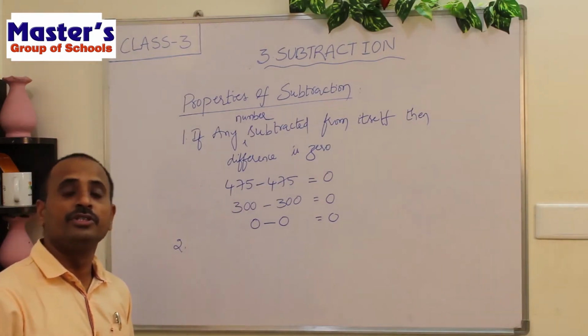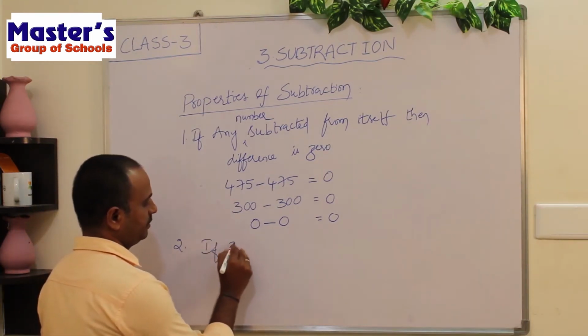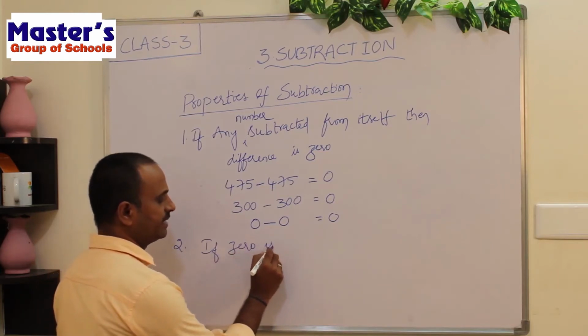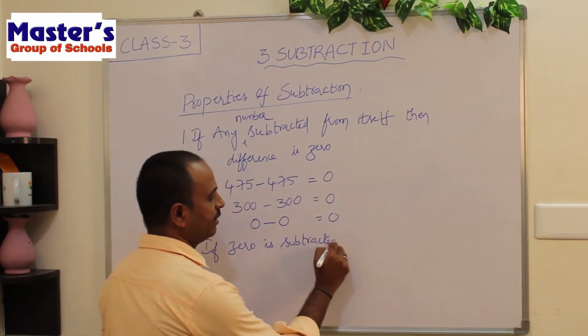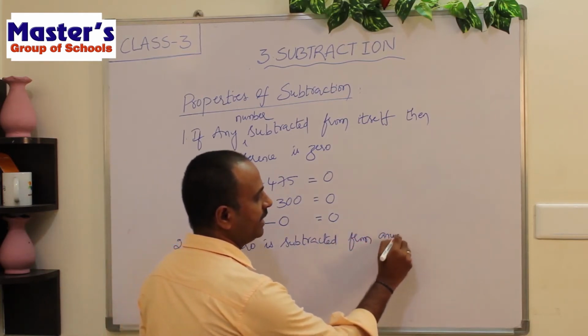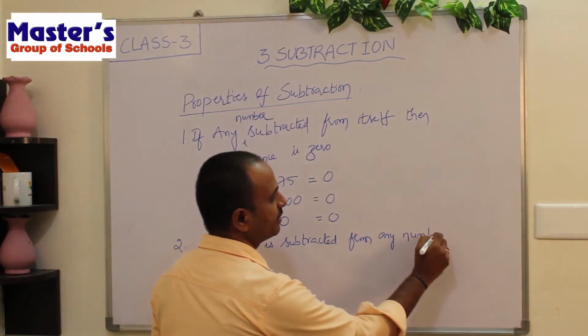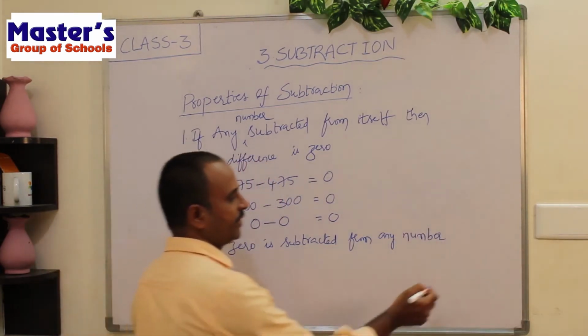If 0 is subtracted from any number, then we will get the same number.